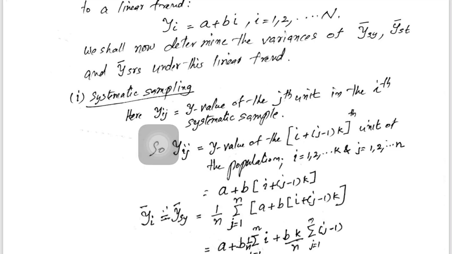And you will see that yij will be the y value of the (i plus j minus 1 into k)th unit of the population, where i equal to 1 to k and j equal to 1 to n.